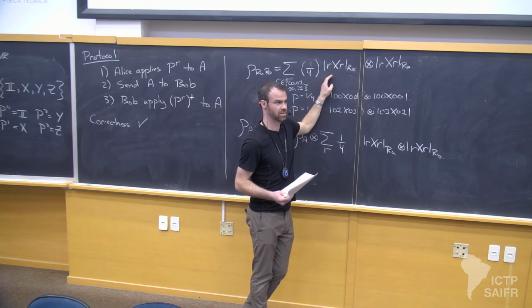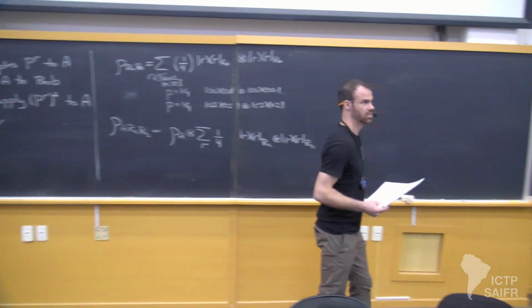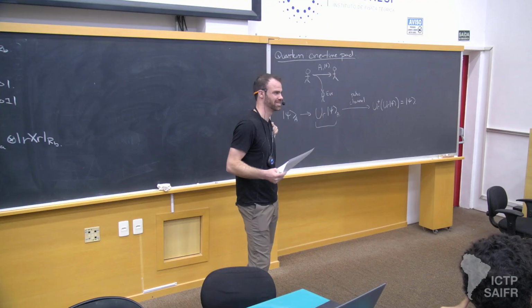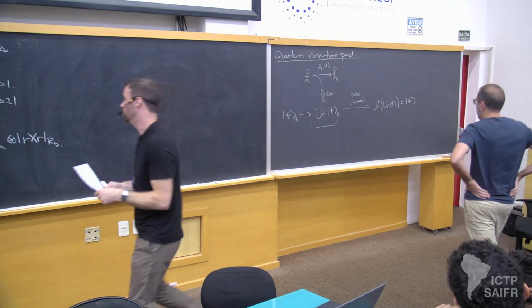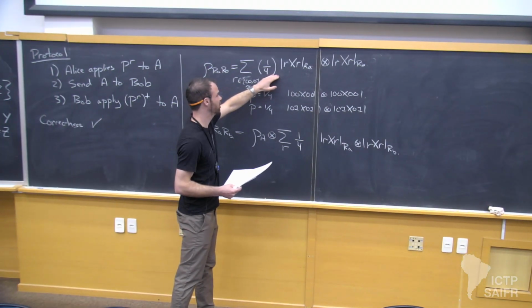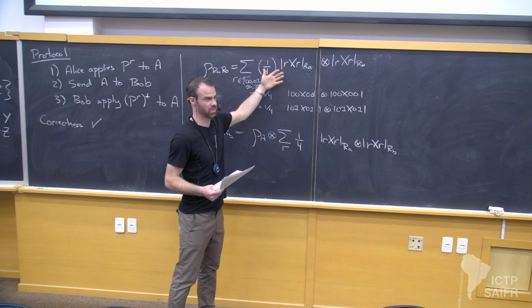Shouldn't Alice and Bob have to share classical information about the key? They do. So this is a quantum description. This is describing shared classical randomness in the language of quantum mechanics.